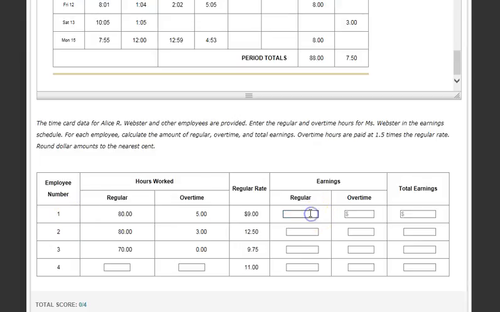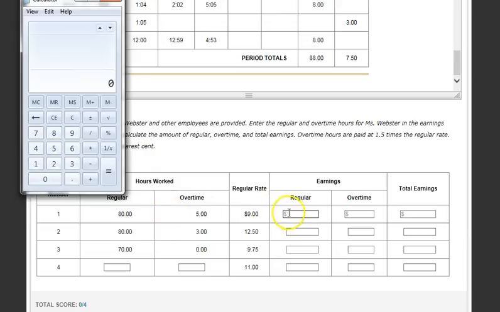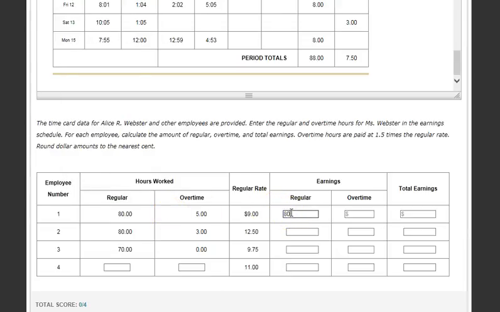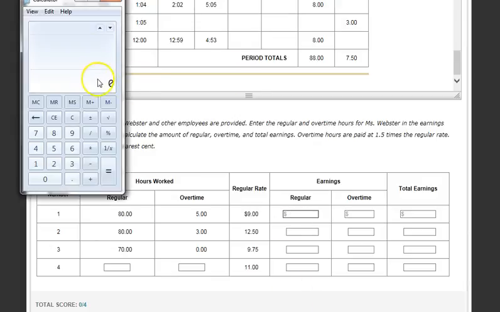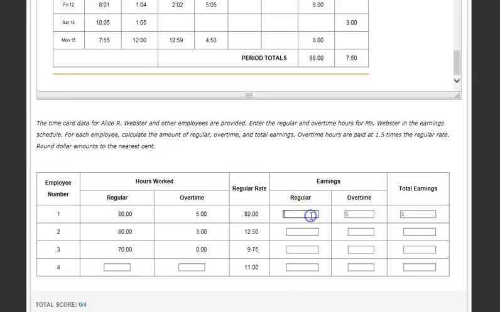Okay, so let's get our calculator out. All right, $80. Oops, I didn't need the calculator. So we're at 80, okay, times 9, 720.